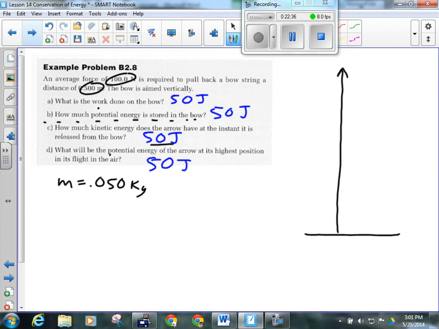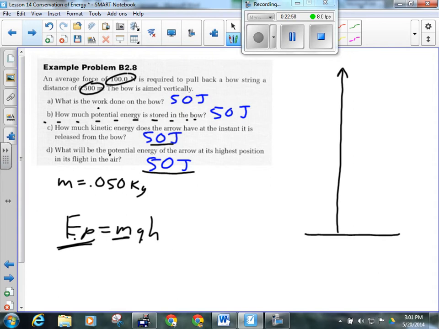How much energy can the arrow have when it's at its maximum height? 50 joules. So I know that this is 50 joules. I know the mass is 0.050 kilograms and g is always 9.81. Can I calculate the maximum height of the arrow?